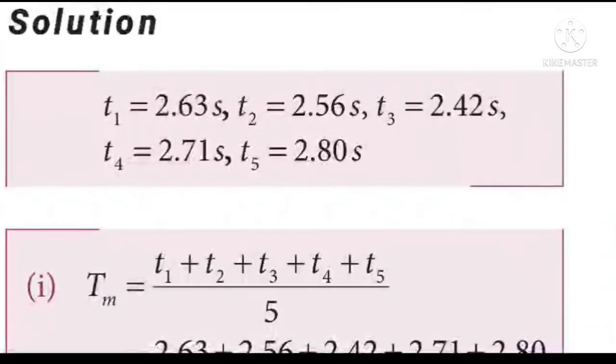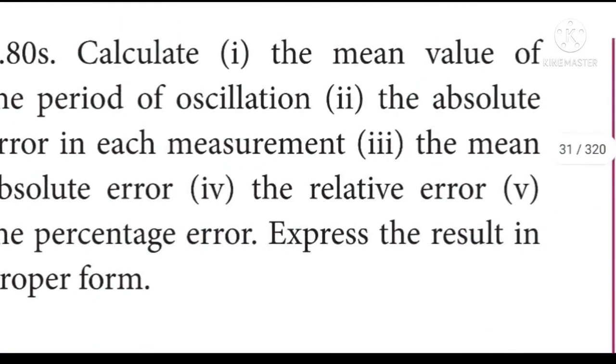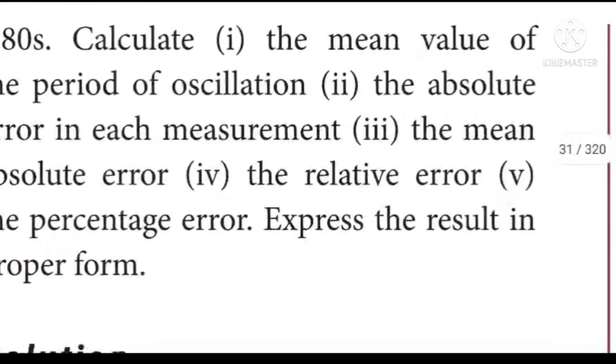The time periods of oscillation of a simple pendulum are given as T1 is equal to 2.63 second, T2 is equal to 2.56 second, T3 is equal to 2.42 second, T4 is equal to 2.71 second and T5 is equal to 2.80 second. First question: the mean value of the period of oscillation.